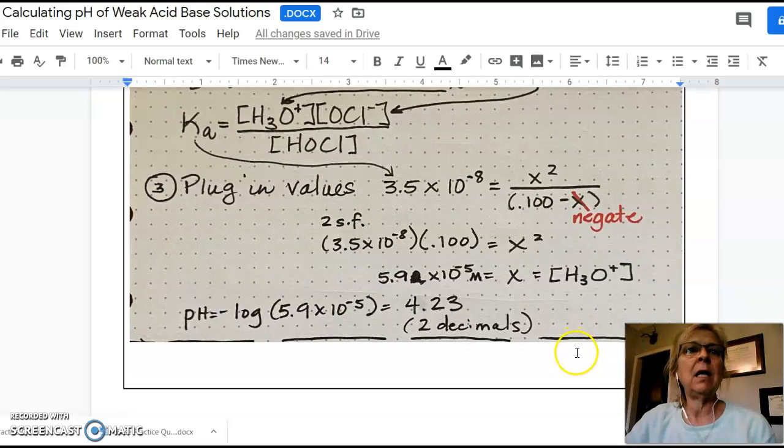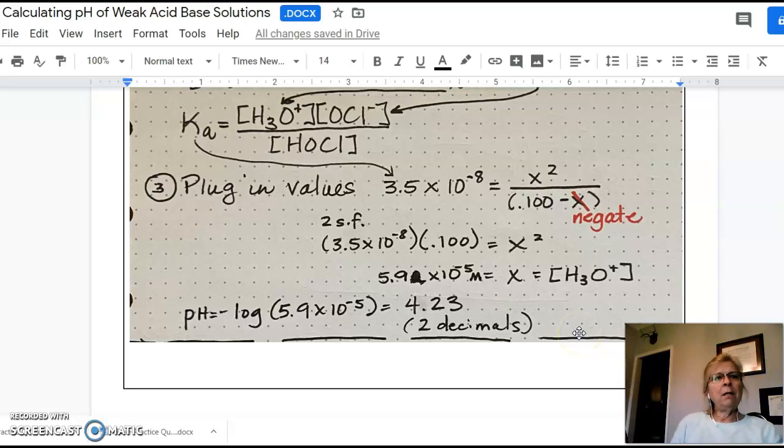And then we can go ahead and solve for the final outcome. In other words, what is the concentration of the hydronium ion, which please remember is the same as the concentration of the hydrogen ion. And then we can plug that into our pH calculation to calculate the pH.